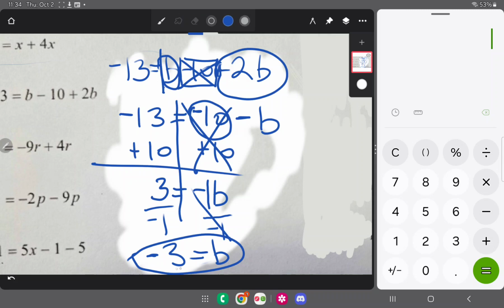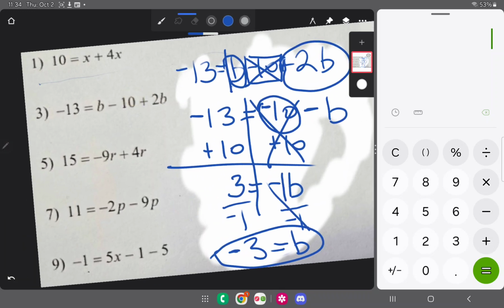We isolated the b, and we got our negative 3. If we plug that in here, which is a pain, right? Negative 3 minus 10 is negative 13, and then plus 2b, so that's going to be negative 13. All right, let's move on to the next one.